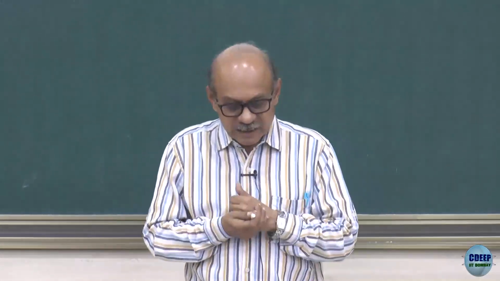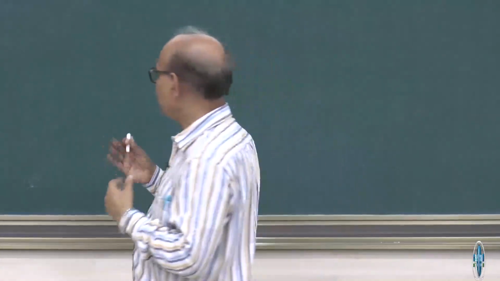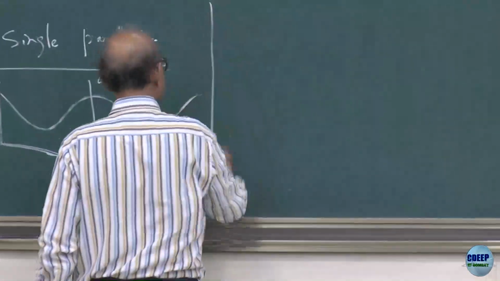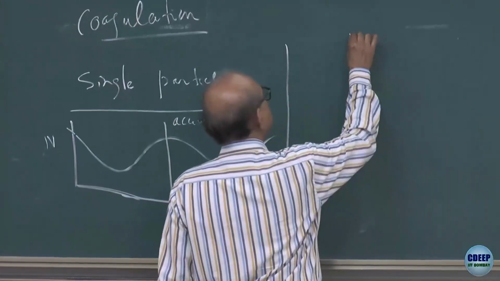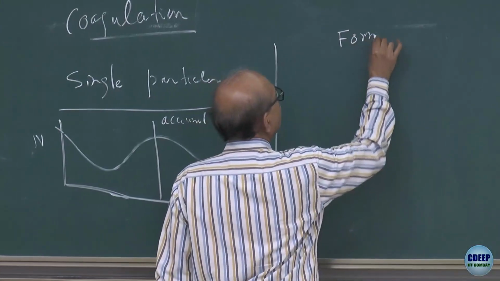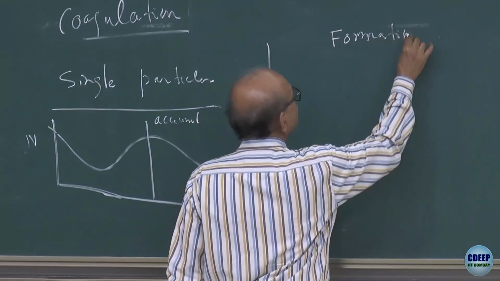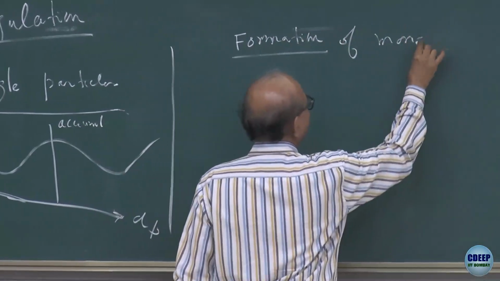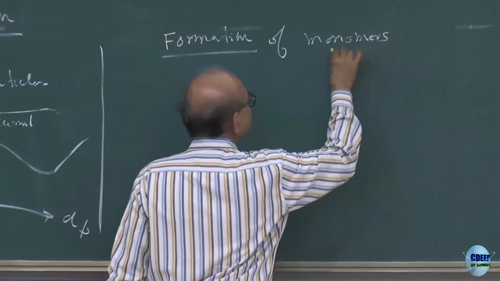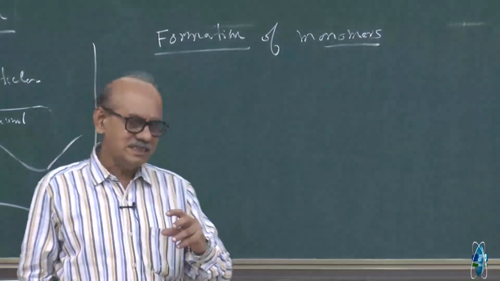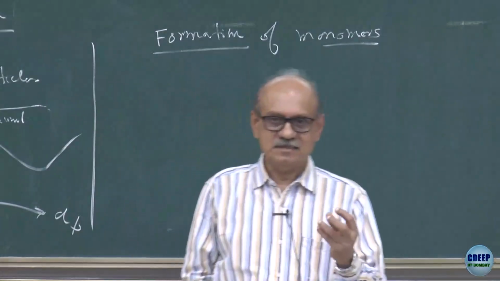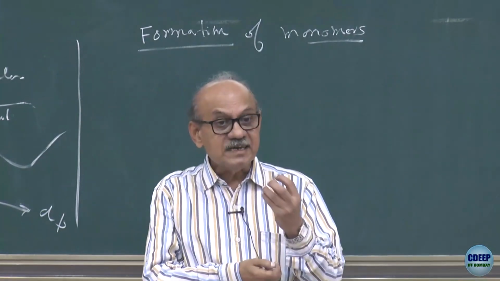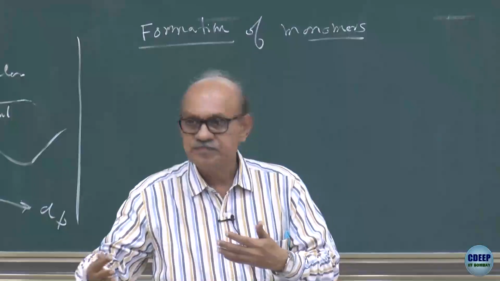So, if one has to look at the steps that are involved, first you have the formation of particles, which is in fact called formation of monomers. A monomer in aerosol terminology is that primary unit which has a tendency to grow.